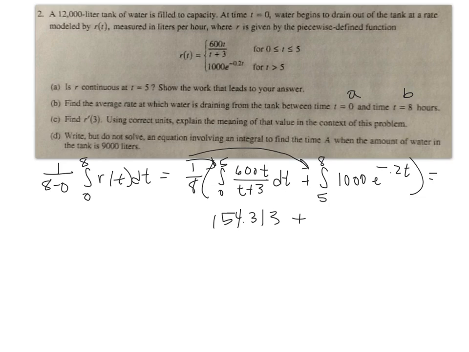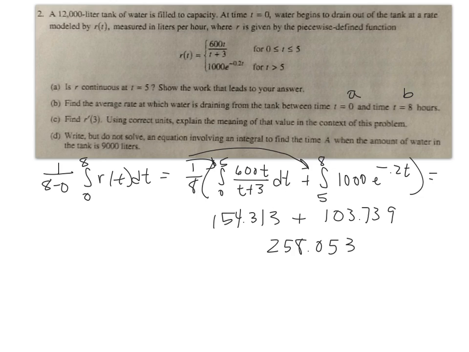Five to 8 are my limits. So this one gives me 103.739, and then if I add that to the one that I stored as alpha A, I get 258.053.